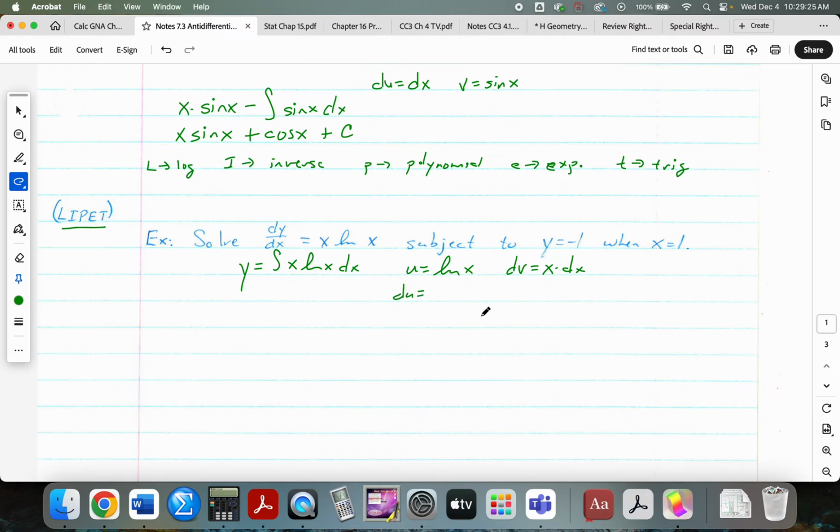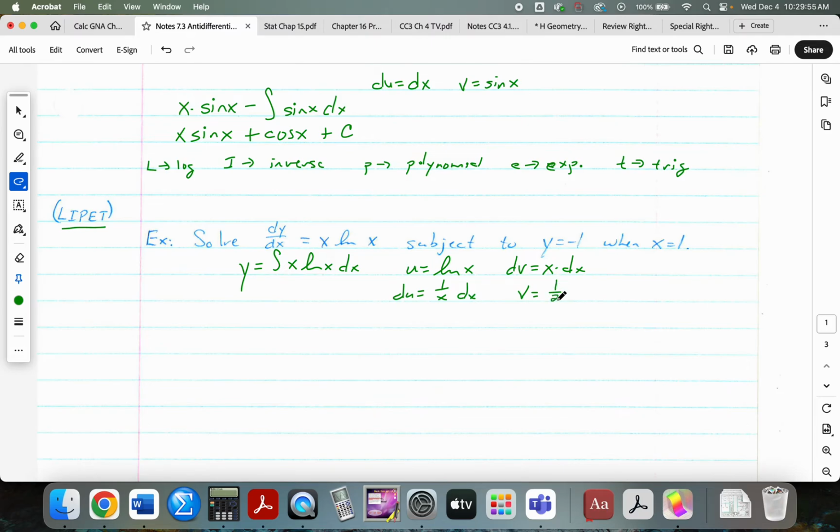So then du, the derivative of natural log of x, is 1 over x dx, and v will be the antiderivative of x dx, which is... well, this wasn't supposed to be a hard one. 1/2 x squared?